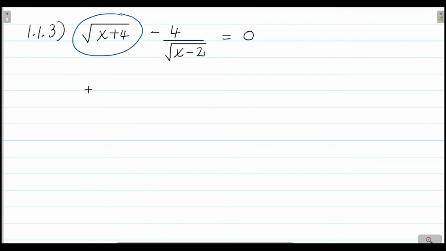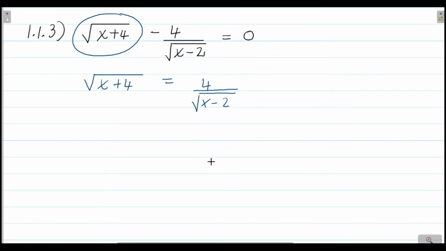Okay, so we're going to say it's going to be the square root of x plus 4, which is equal to 4 over, right, the square root of x minus 2. Okay, we've isolated our surd. Okay, so what is the next step here, guys?